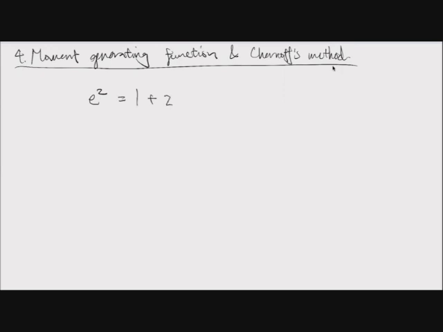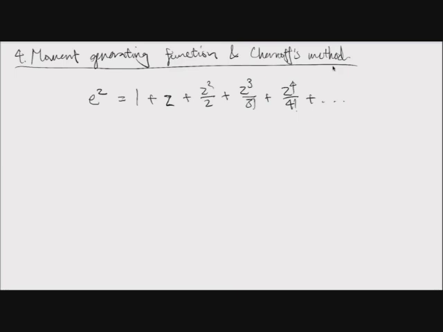It has perhaps the simplest Taylor expansion ever: 1 plus z plus z squared over 2 plus z cubed over 3 factorial plus z to the 4 over 4 factorial, and so on and so forth. So it's the sum over n from 0 to infinity of z to the n divided by n factorial.